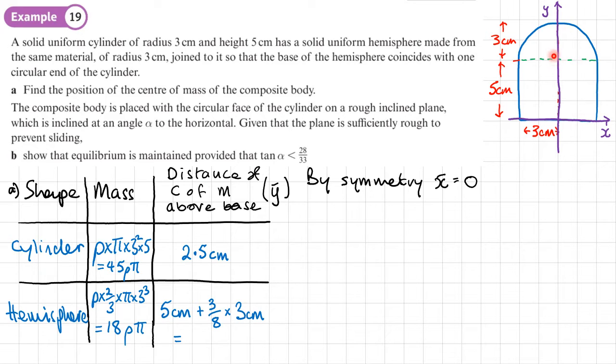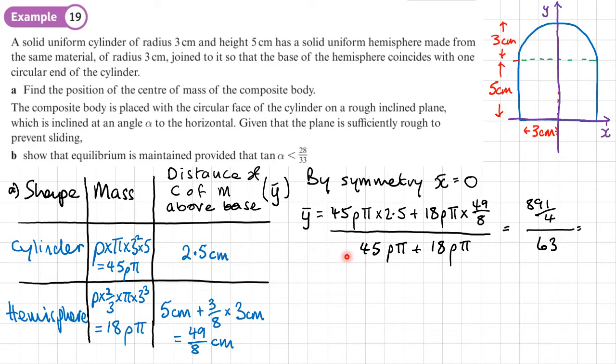So that'll be a distance from here of 3/8 of 3. But since we want the center of mass from the base of the cylinder, we need to add 5 to that. So it's going to be 5 plus 3/8 of 3, and that gives us 49/8 centimeters.